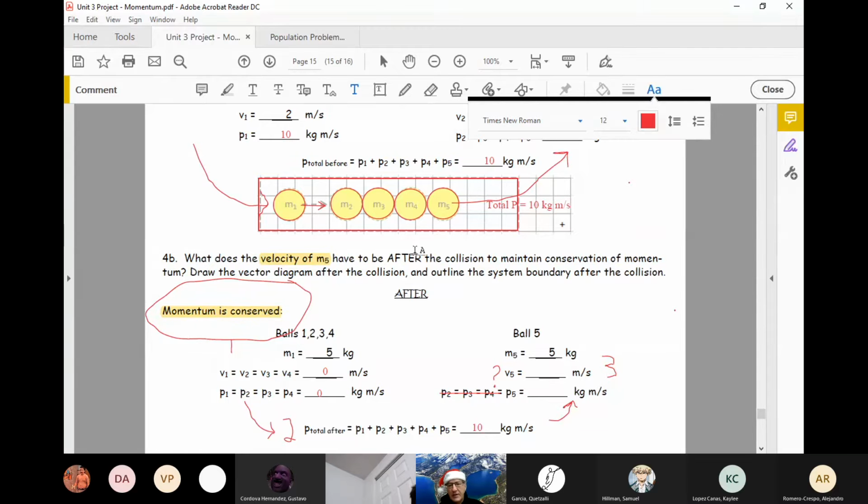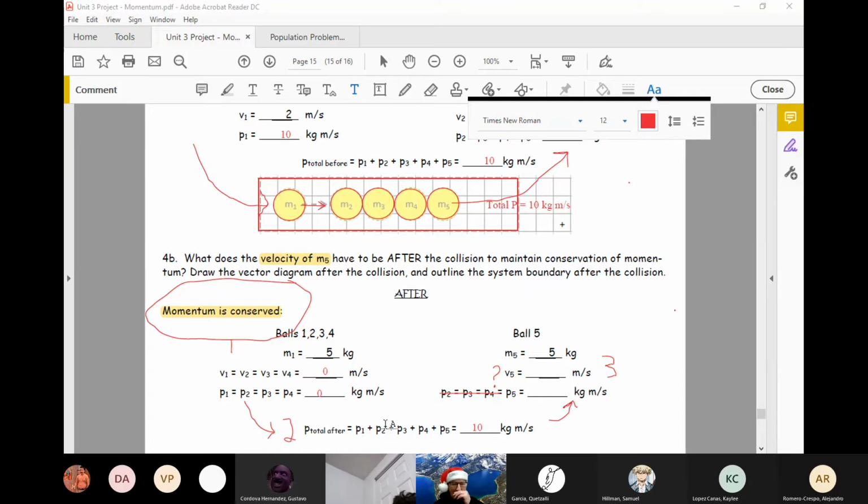So whatever the momentum was at the beginning, in this case it was 10, I think the one you're going to do on page 16 is more like 80,000 or some ridiculous big number. But whatever it is before the collision, it's going to be the same after the collision when you add all the individual components together. In this case, we had 5 balls to add together, right? Good job, Kaylee.